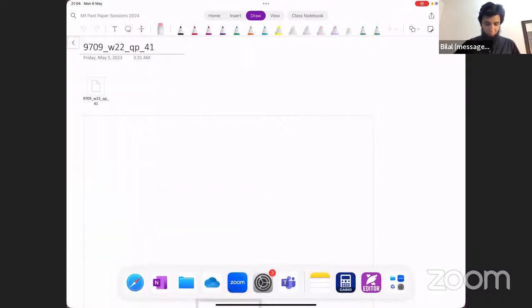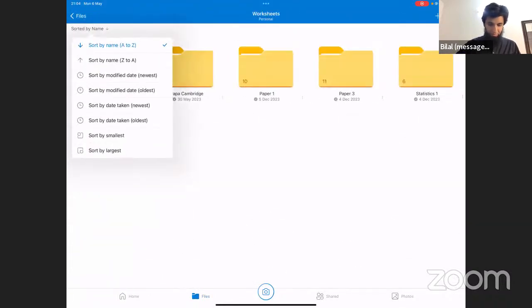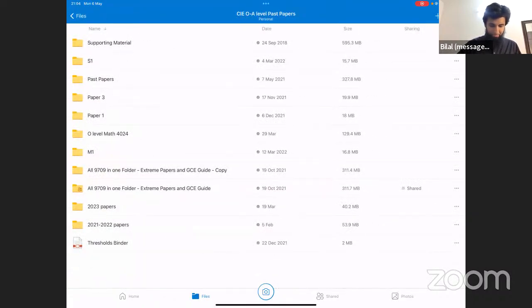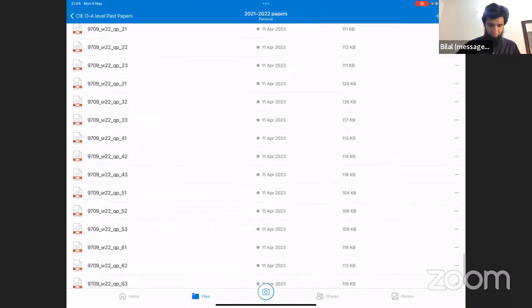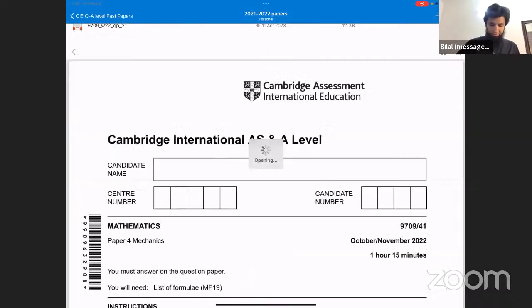Okay, November 2022, paper 4, variant 1. It's not opening here. I'll just open it somewhere else. Okay, I'm sorry about that.